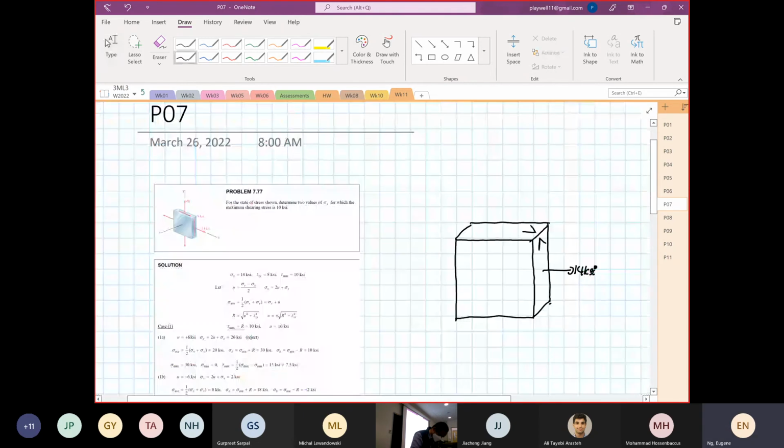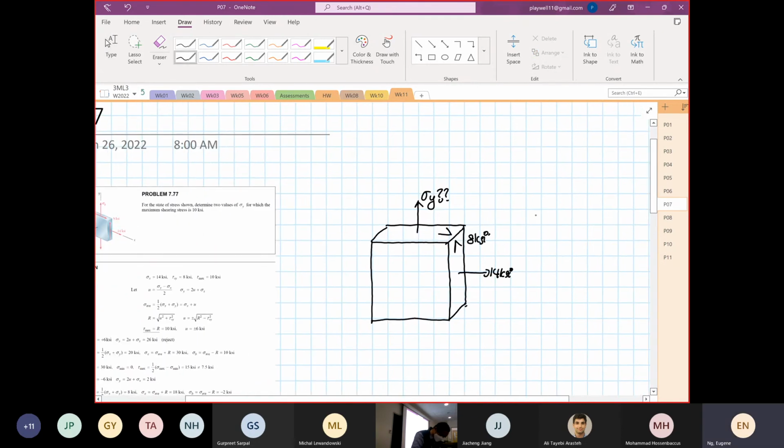We have a shear of 8 KSI. We have to find what this value is. And we are given tau max must be equal to 10 KSI. Okay. So this is the information that is given.